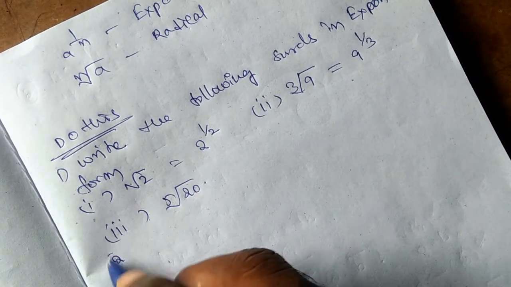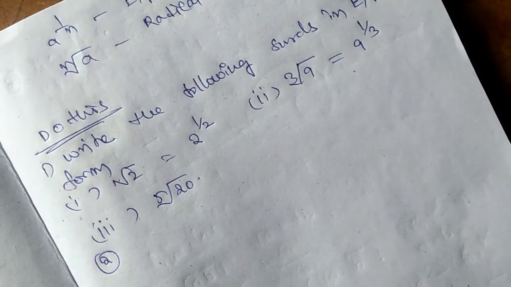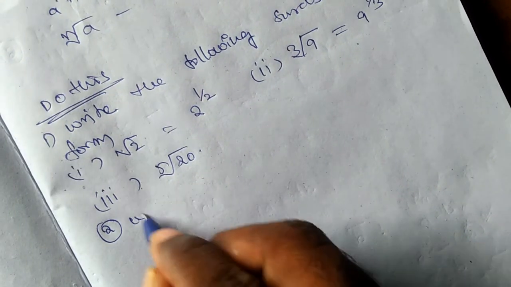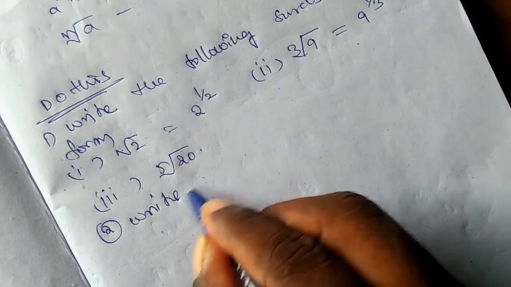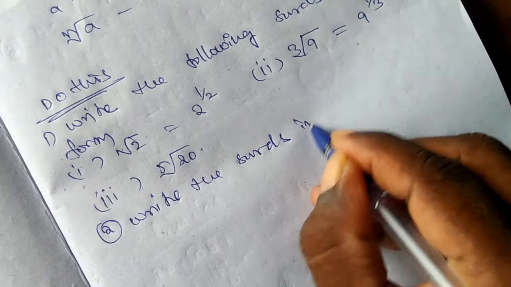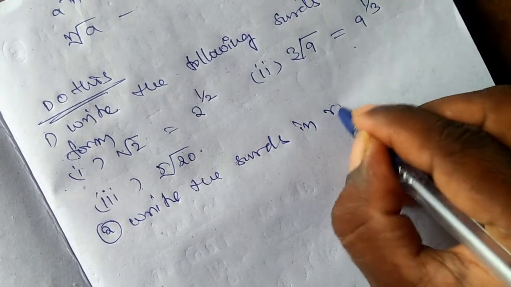Next, second problem, second bit. Write the surds in radical form.